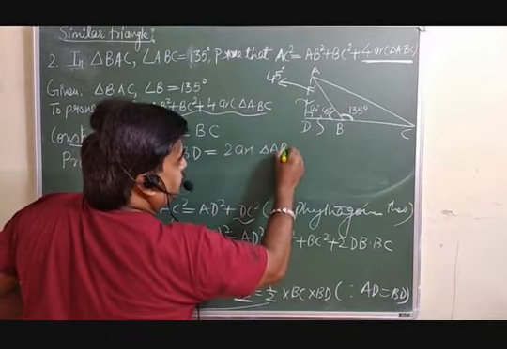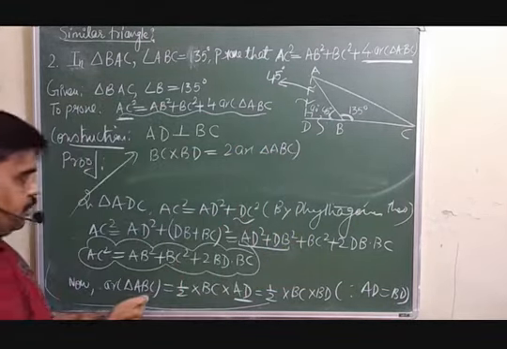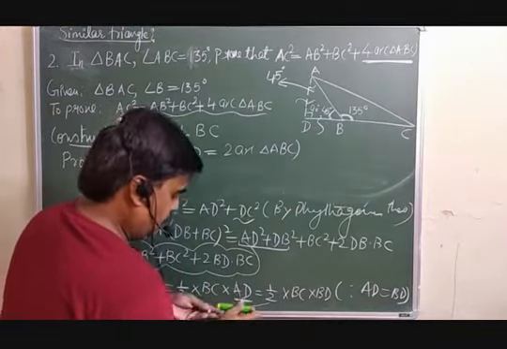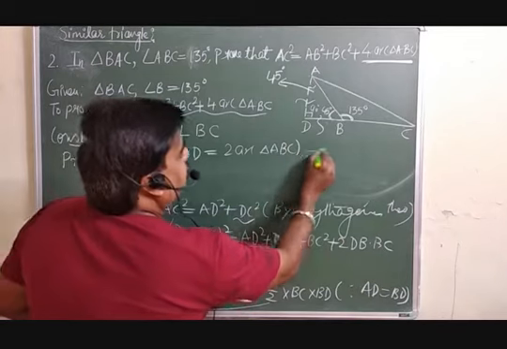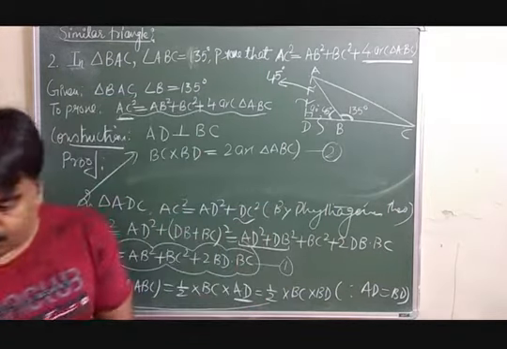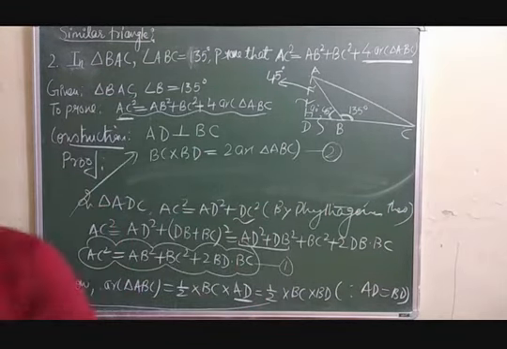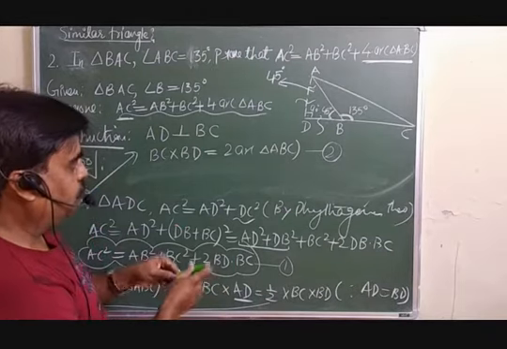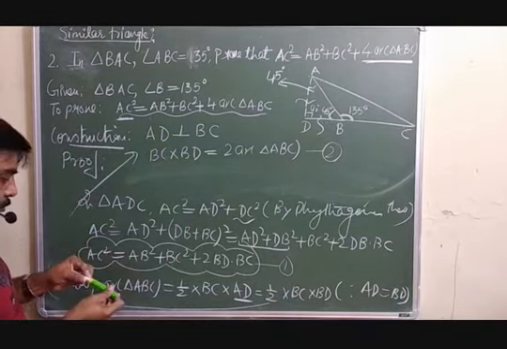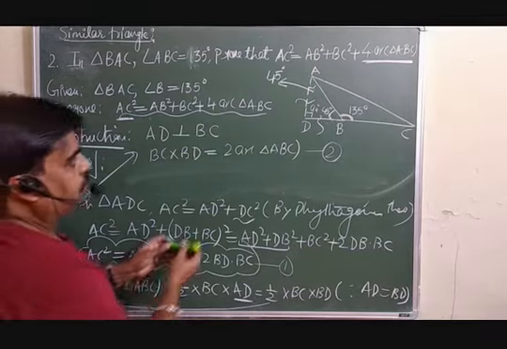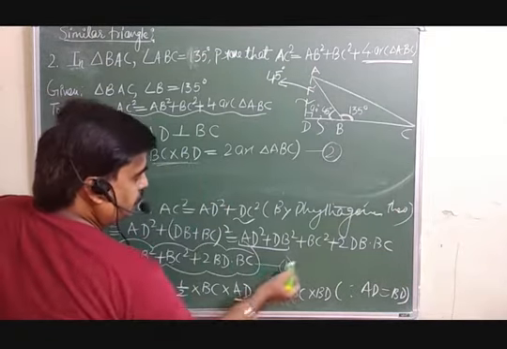You can get the number 1 here. This is your equation 1 and this is your equation 2. Now from equations 1 and 2, you can put the value of this, the value of this one is here only.